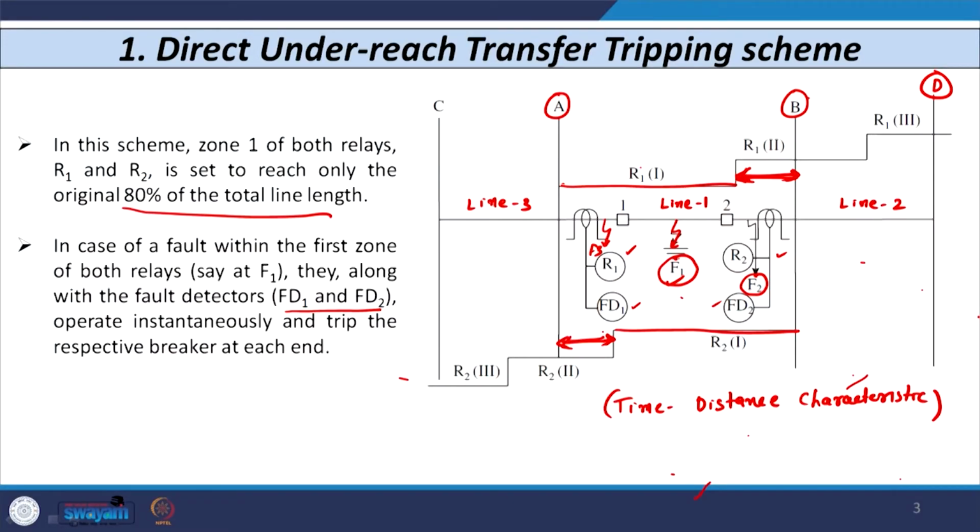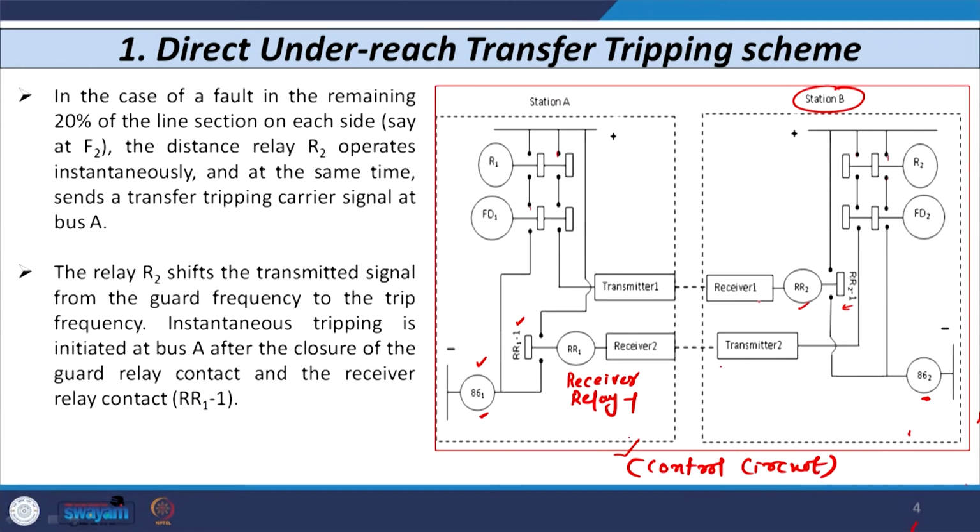The scheme is called the direct underreach transfer tripping scheme because if a fault occurs in this remaining 20%, either in this region or in this region, let us say F2, relay R2 gives a signal through this transmitter.